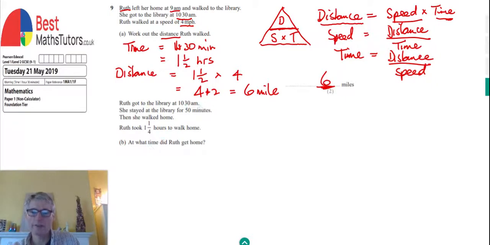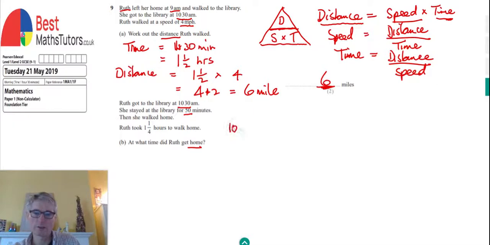In part B, this is just totally about time. And so we're told she got to the library at 10:30, stayed at the library for 50 minutes, and then walked home. And we've got to work out what time she got home. So I'm going to do this as a timeline. I think that's the easiest way to try and understand it.